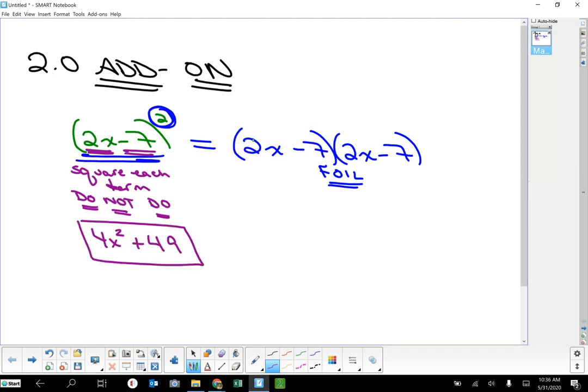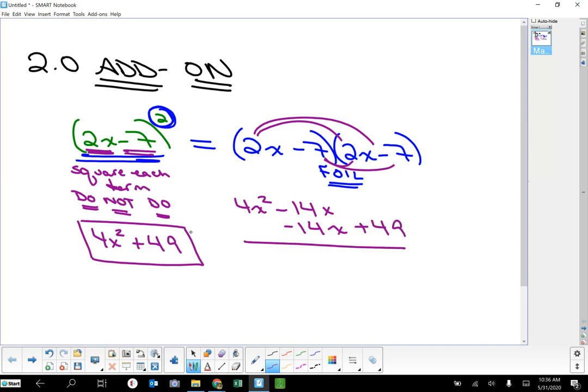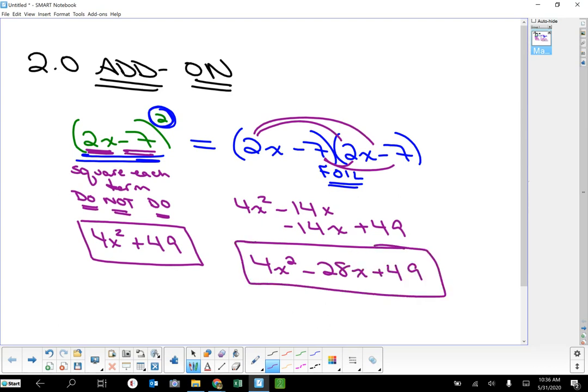Well, if you actually FOIL, you get 4x squared minus 14x minus another 14x plus 49. And then if you add all those terms together, you get 4x squared minus 28x plus 49. And this is the correct answer, not this. You did not have that minus 28 in there. It is the most common boo-boo my kids make all the way through pre-calculus.